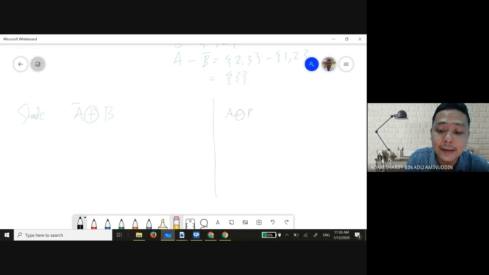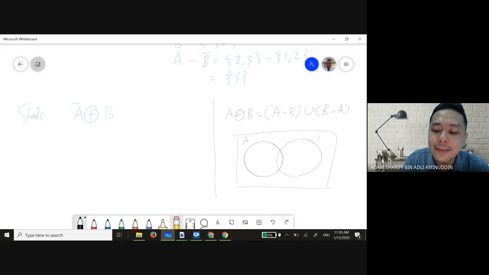Ialah A minus B union B minus A. That's why it is also named as symmetric difference. A mutually exclusive B means that the elements that exist uniquely in A and B but not both. Ini kawasan dia. So ini asas dia, mutually exclusive, or some say symmetric difference.